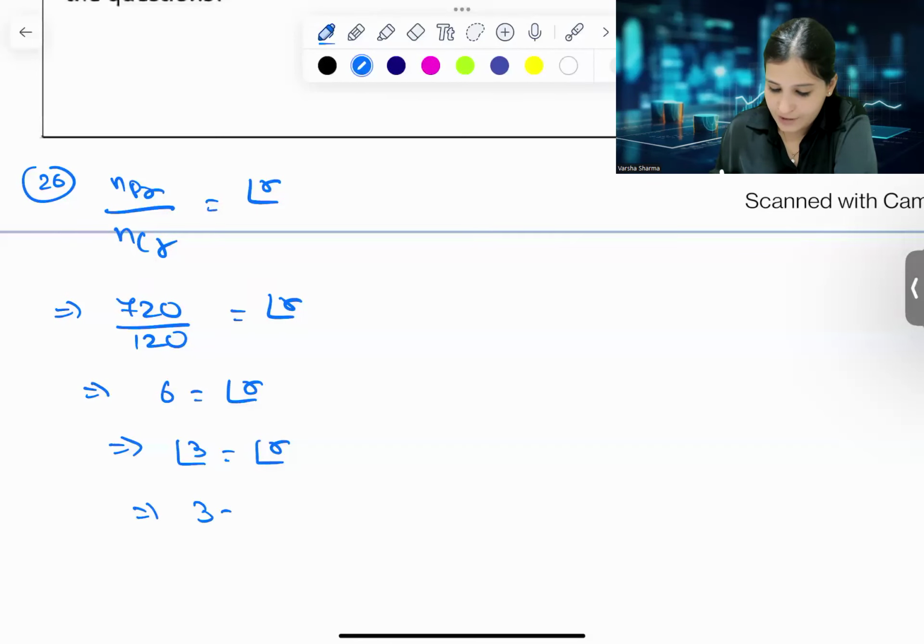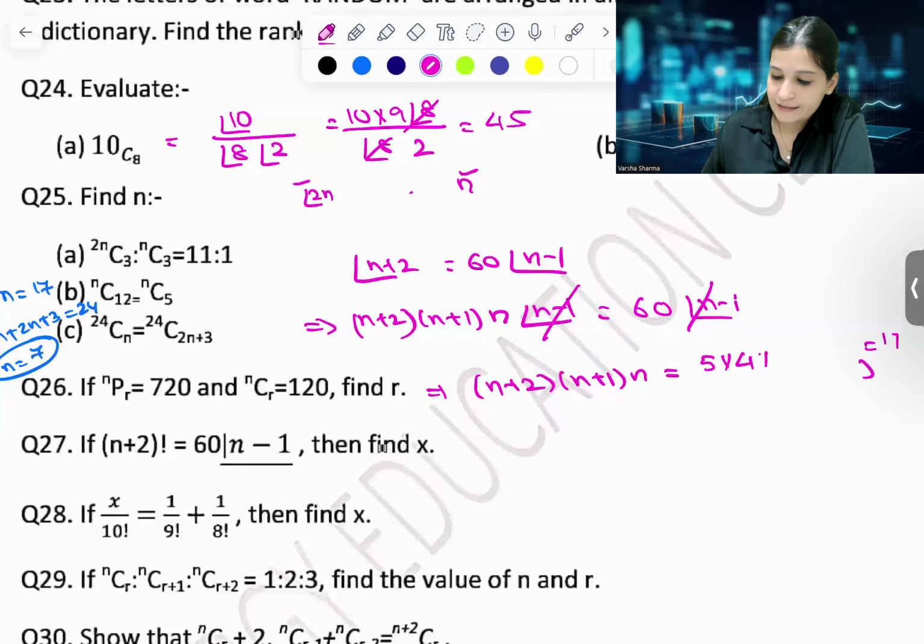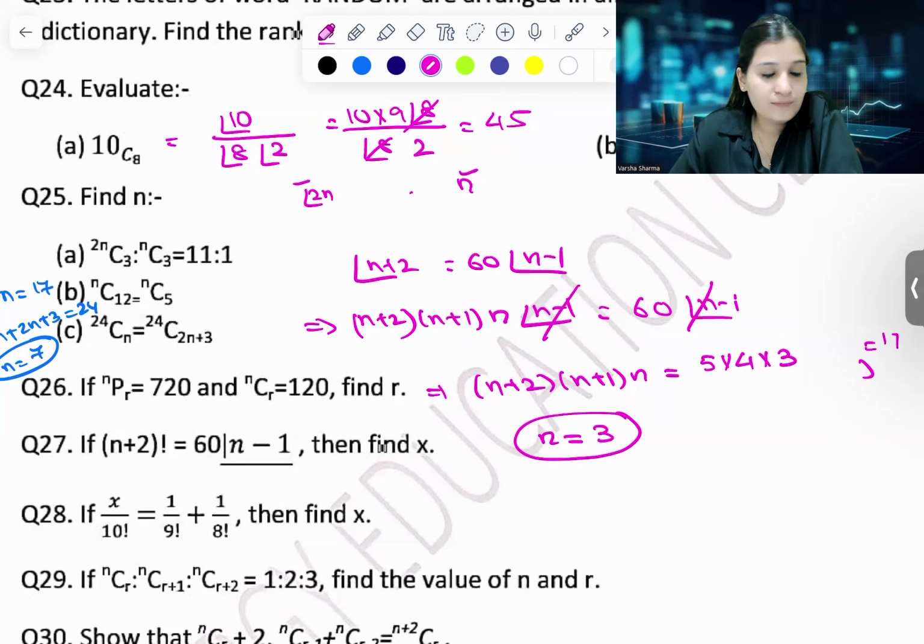N minus 1 gets cancelled. Since on the left hand side it is a multiplication of three consecutive numbers, 60 can also be written as a product of three consecutive numbers. 5 fours are 20, 3s are 60. The smallest number on the left side is n and the smallest number on the right side is 3. N will be 3. Clear? Yes, ma'am.